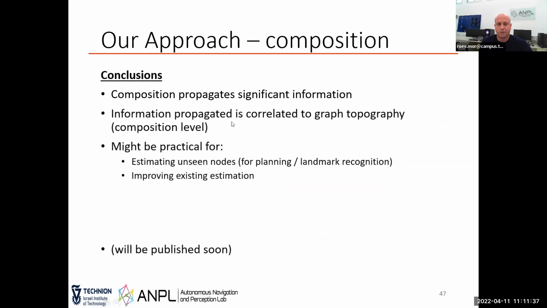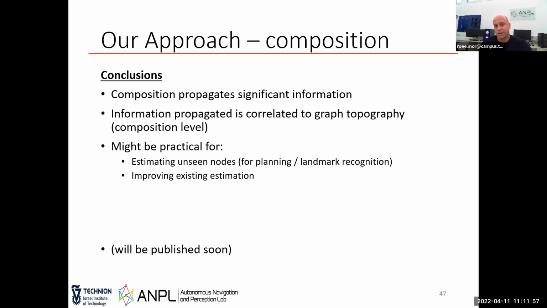So the conclusions of this part are, as I talked about, we know how composition is propagated. It propagates significant information, okay? And if you go too far, it's going to decay. But the thing is that we see that it's practical for active planning, okay?